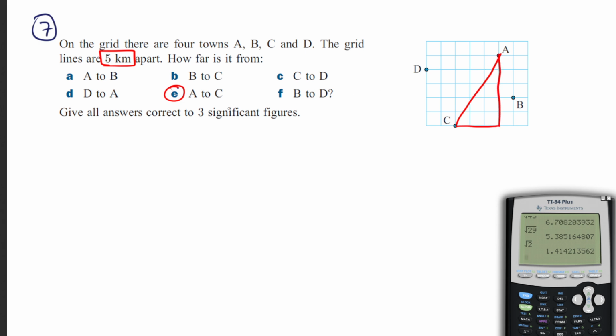So in these kind of word questions, you need to look for a right angle triangle. Now this is 3 squares across, and each square is 5. So this is 15. This is 5 squares, so that's 25. So to work out the length, let's call it x.